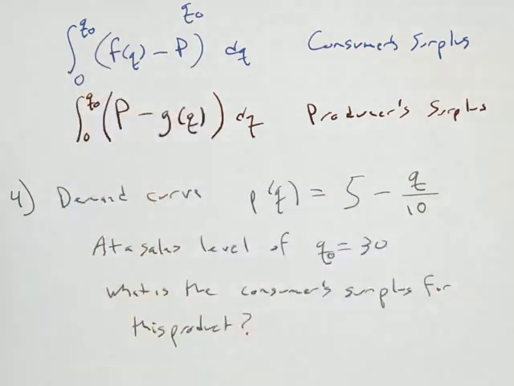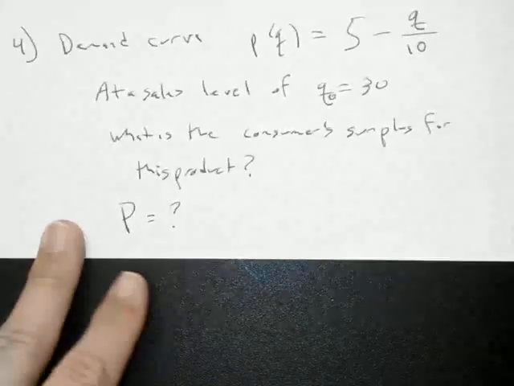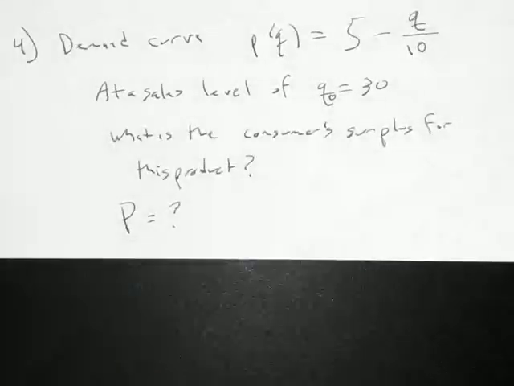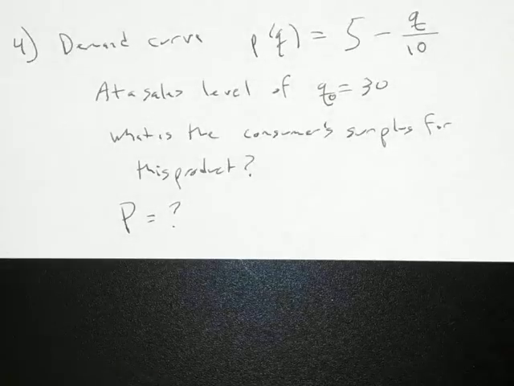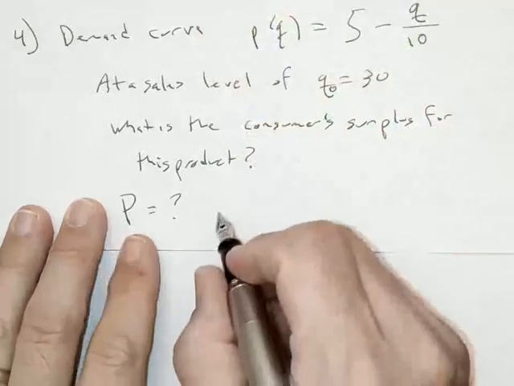But I don't have this capital P price. How do I find it? I promise this is easier than you think it is. That's the point where the two meet. I have the sales level. I just need the corresponding actual price.